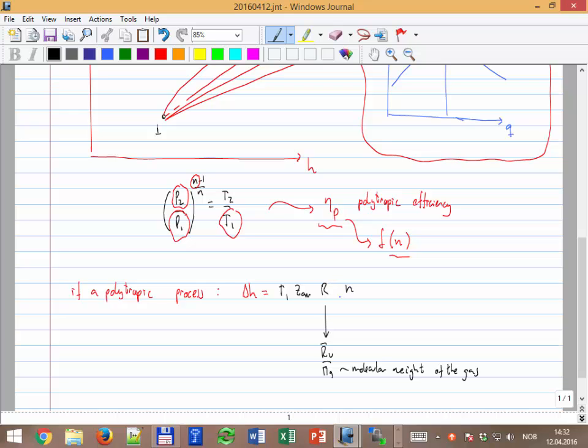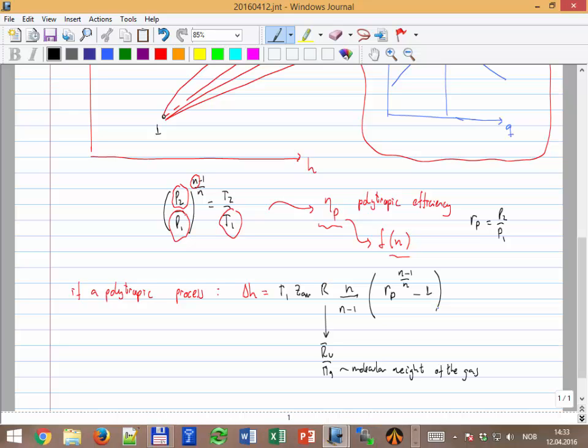Then we have n, the polytropic coefficient, n minus 1. Then we have Rp, the pressure ratio, P2 over P1 to the power of n minus 1 over n, minus 1. It's a simple expression. We just need this factor, the average Z1 plus Z2 divided by 2, but we are going to make the approximation, like we have done in this course, of using the Z at the inlet, the temperature at the inlet, which we know how to calculate, and the polytropic coefficient.